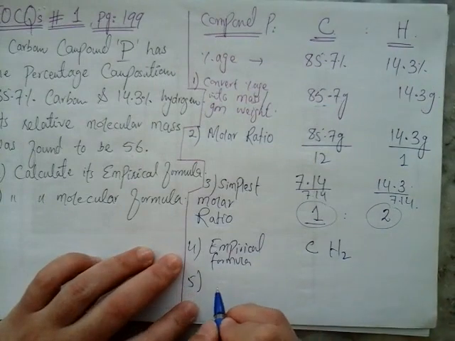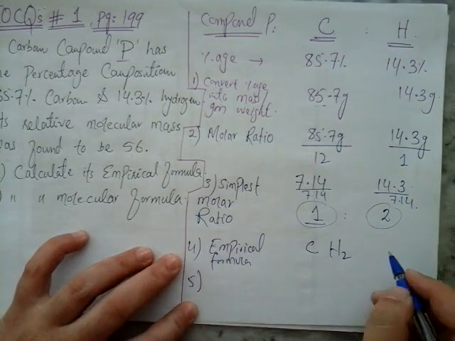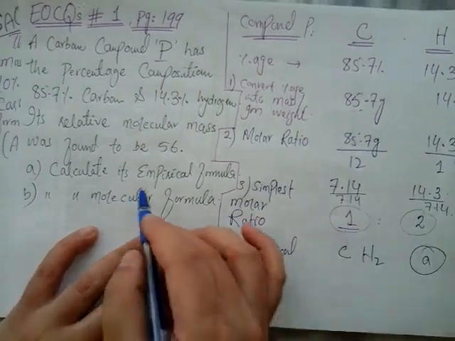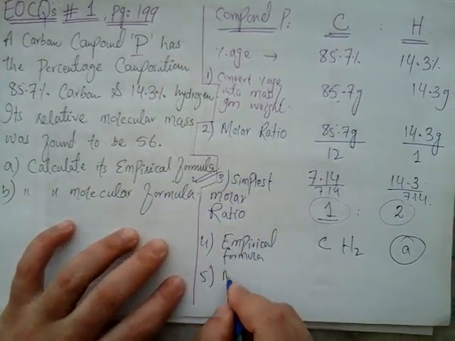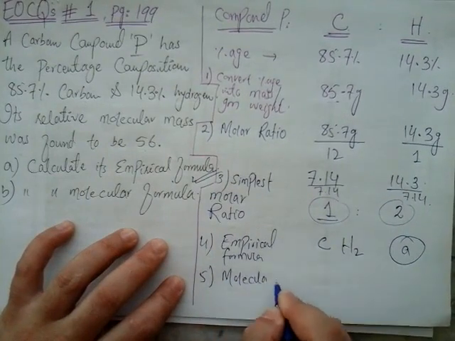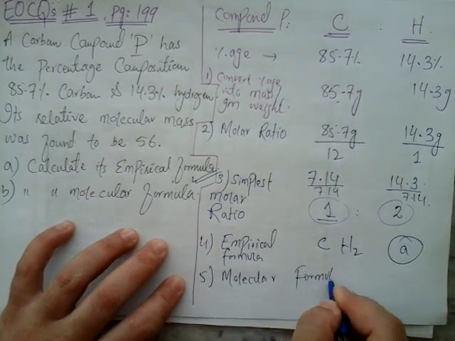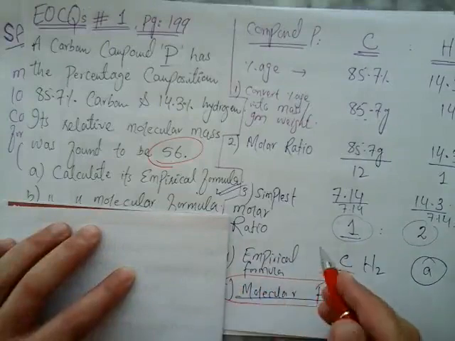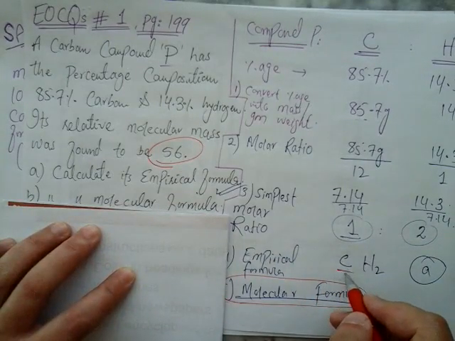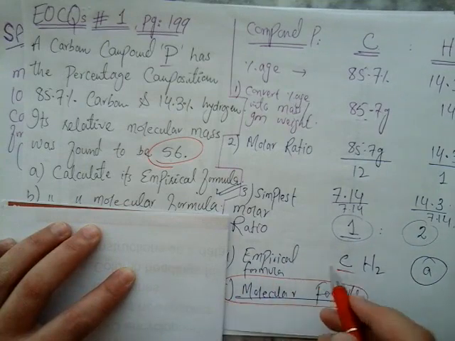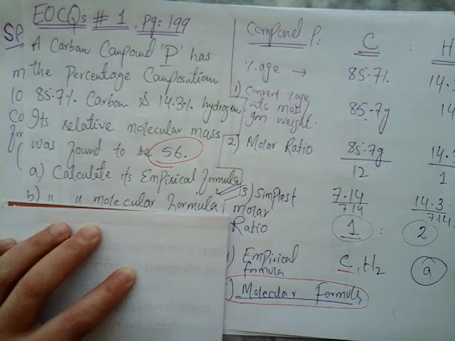The fifth step, we have to find the empirical formula mass. So this is part A: calculate the empirical formula. We have completed this. Now we have to find the molecular formula. Next step, we have to find the empirical formula mass. We know that in the empirical formula, 1 atom of carbon is there and 2 atoms of hydrogen.